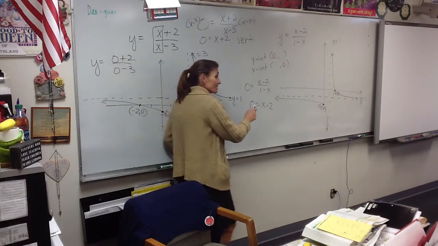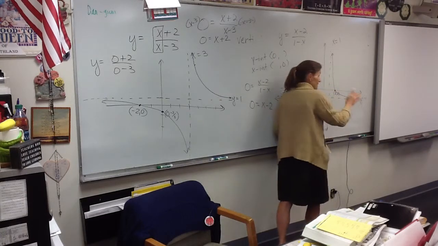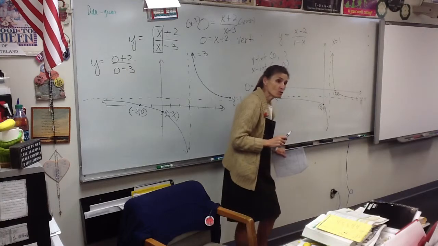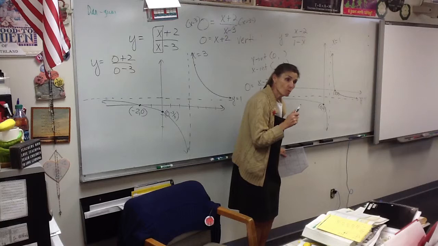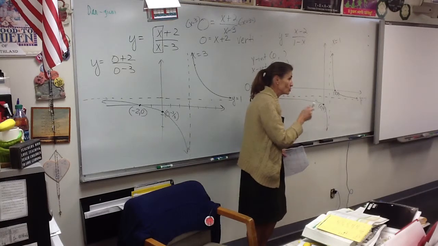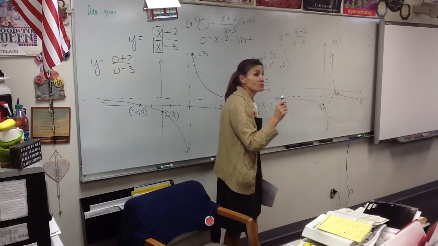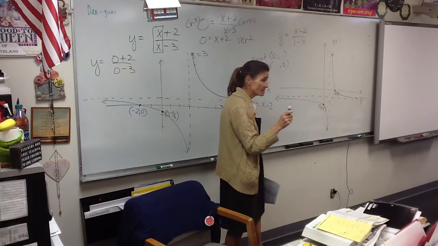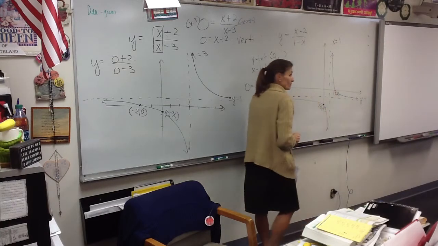So if that confuses you, hopefully you got all your asymptotes and intercepts on there. But when I started drawing things, if that confused you, what can you always do if you need to? Plot a few more points. Maybe you need to plot 1 or 2 more points so that you can get a sense of what it looks like. But I'm telling you that these almost always look like this, or like this. They're opposite each other.